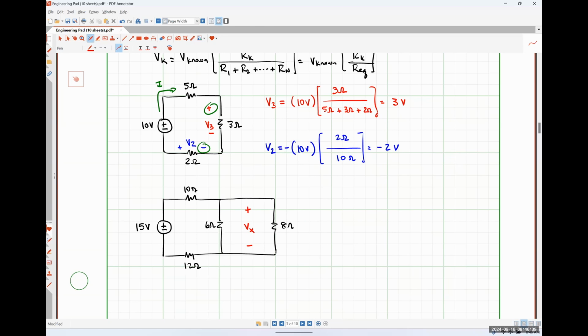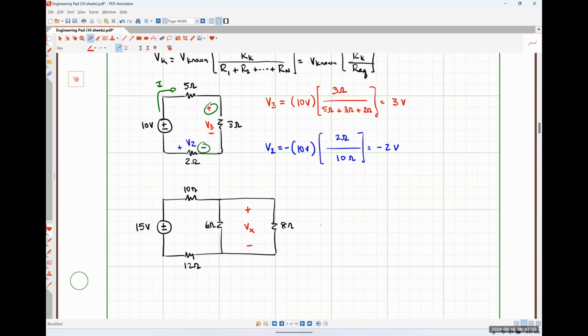So we know from our last class meeting that a 6 ohm resistor in parallel with an 8 ohm resistor can be combined into a single equivalent resistance, which means from the perspective of that 15-volt source, it just sees 3 resistors in series, which means we can apply voltage division.